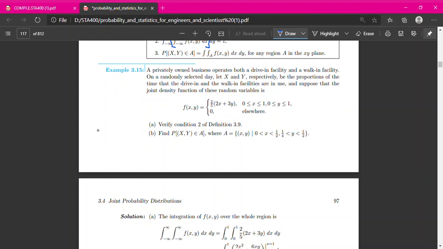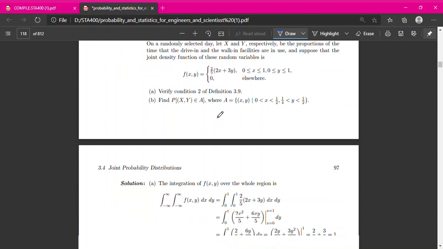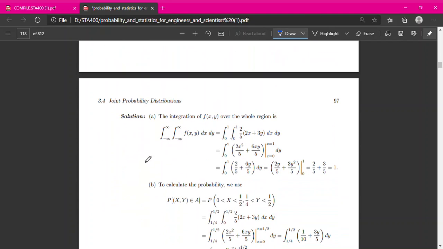Now it says verify condition 2 of definition 3.9, which means we want to check whether this function is a valid function or not. What to do is the double integration of the function with respect to dx dy.